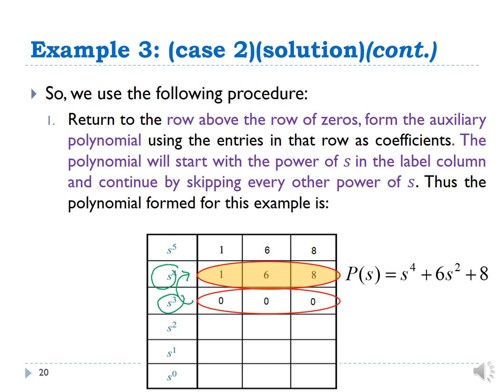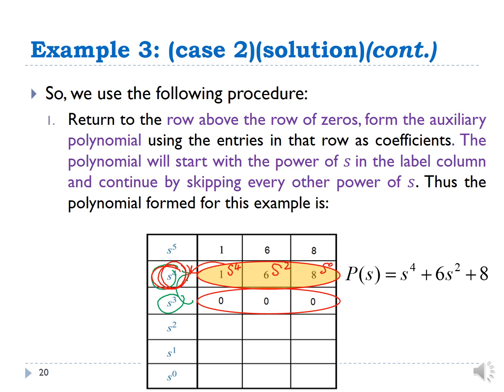The polynomial will start with the power of s in the label column and continue by skipping every other power of s. In this case, the polynomial will start with s power of 4, continue with s power of 2 and s power of 0.